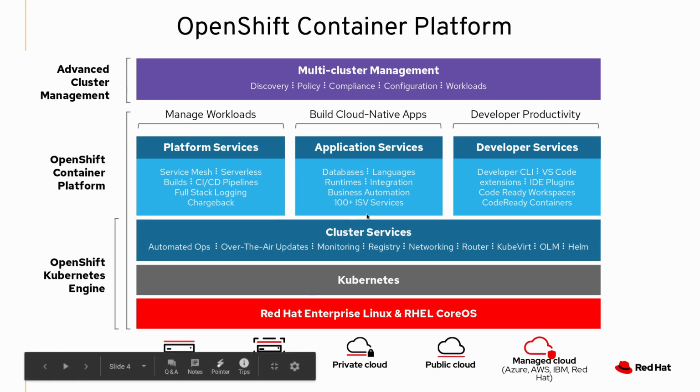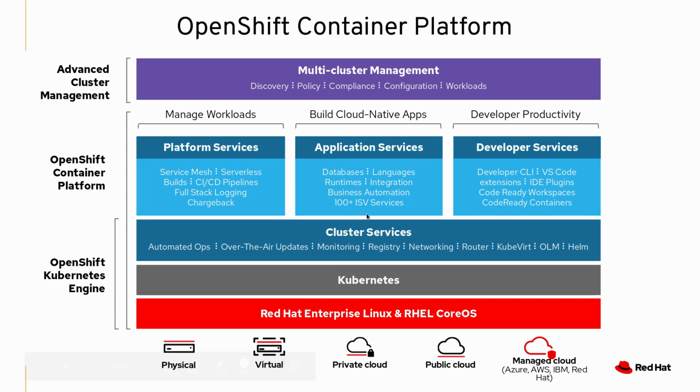On top of it, we provide the tools and solutions for applications and for developers. So you have different platform services, application services, and developer services. And in order to be able to manage a large-scale environment, hybrid cloud, multi-cloud, or some edge solutions, we also provide on top the advanced cluster management solution for multi-cluster management.